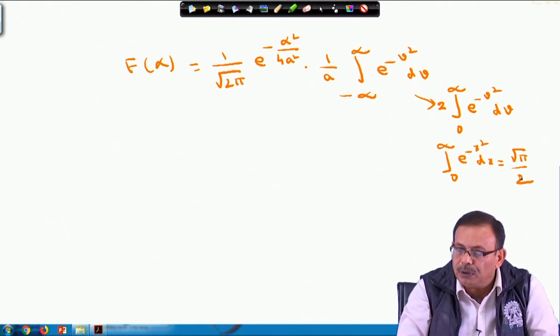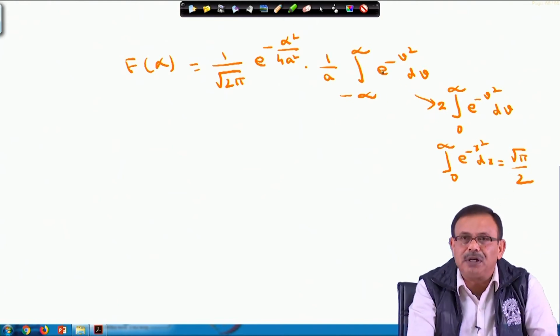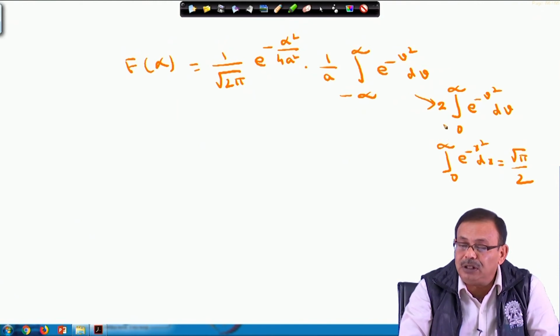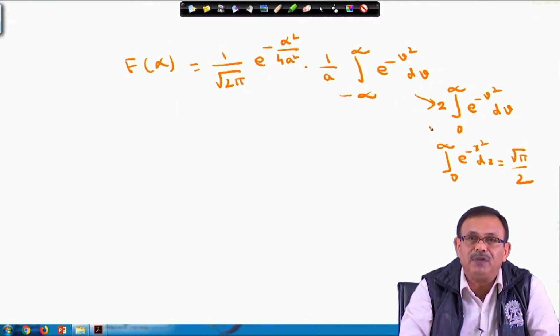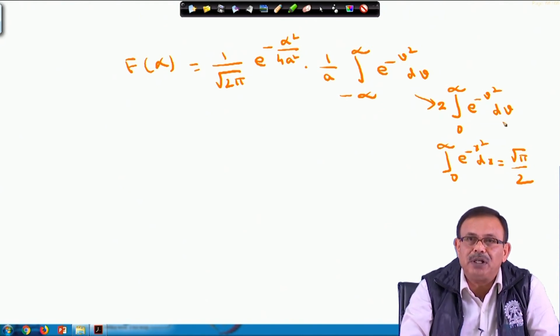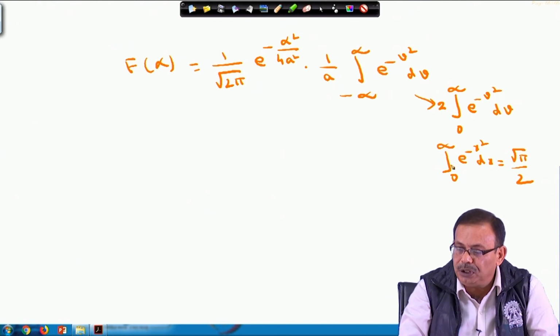This I know. So, this integral from minus infinity to infinity of e power minus v square dv, as e power minus v square is an even function, I can write as 2 into the integral from 0 to infinity of e power minus v square dv, and again I know the integral from 0 to infinity of e power minus x square dx is root pi by 2. So effectively the value of this integral becomes root pi.